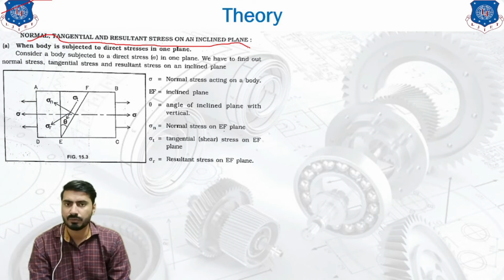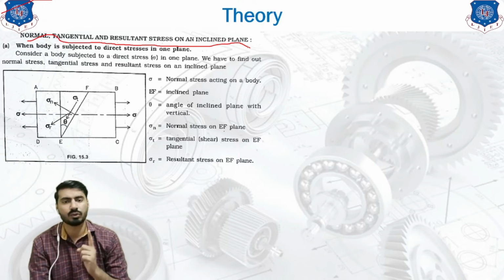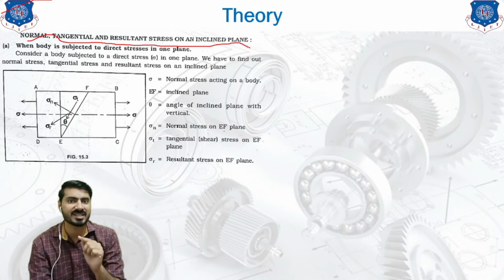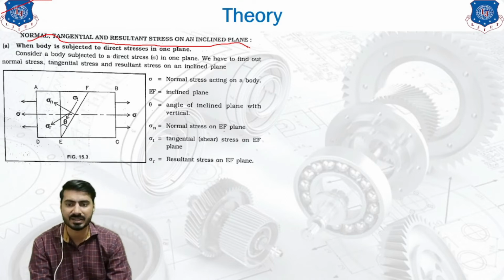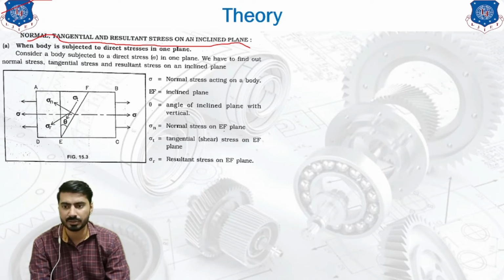First of all, what stresses do we require? We require a normal stress. Normal stress is represented by sigma, so sigma n is the representation of the normal stress. In our body, we will take randomly an inclined plane. Let me explain the diagram so that you can understand.